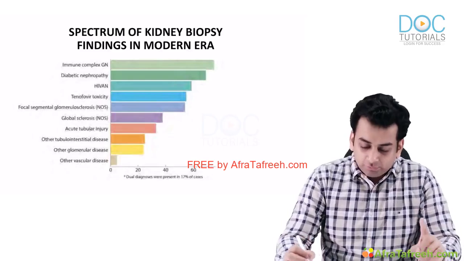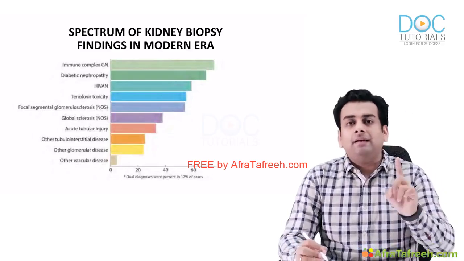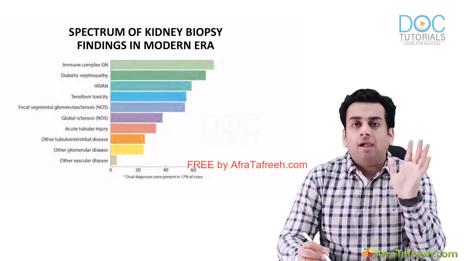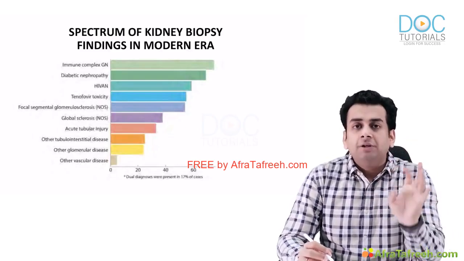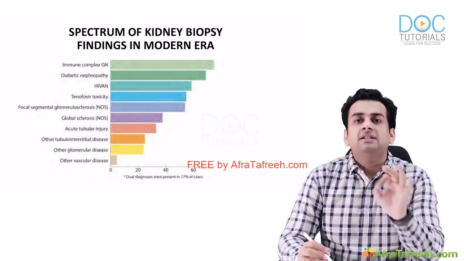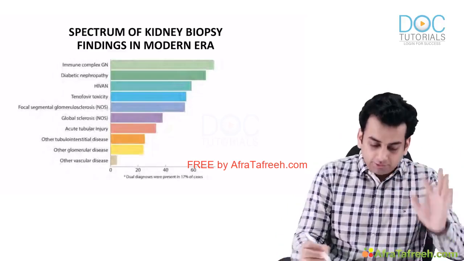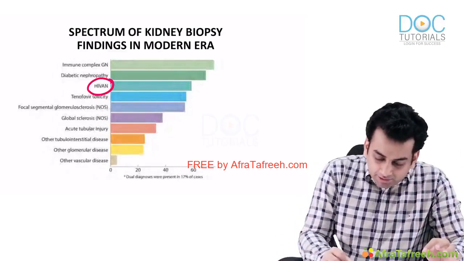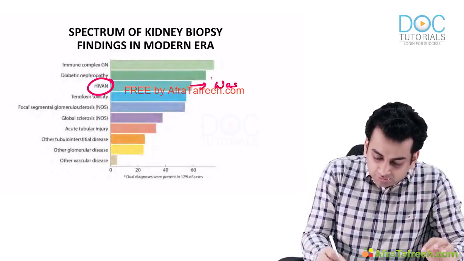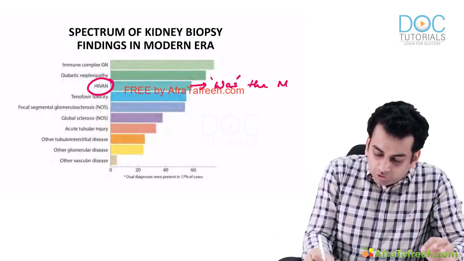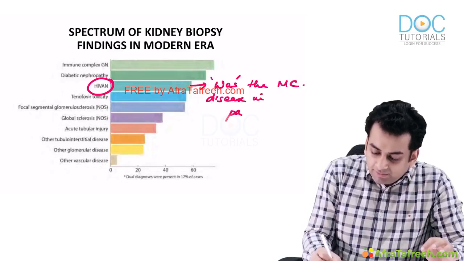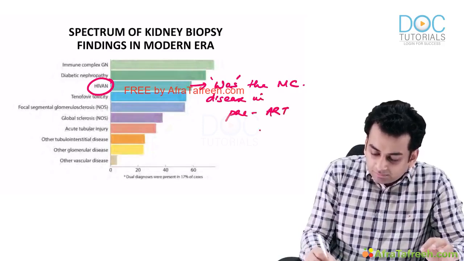Now, let me tell you, before the antiretroviral therapy era, it was the HIVAN which was the most common disease of the kidney in HIV positive patients, in the pre-ART era.